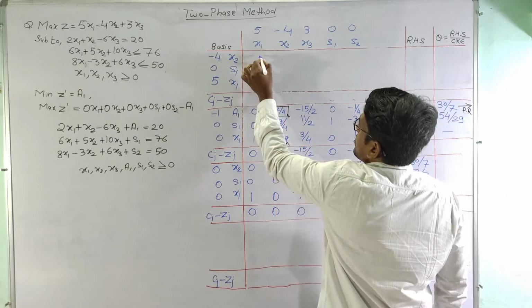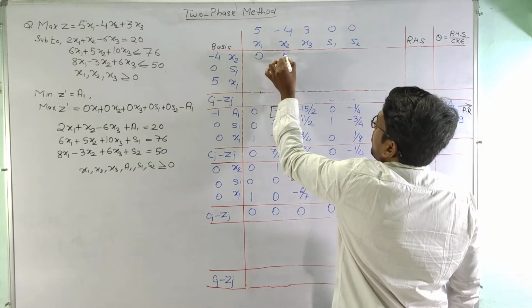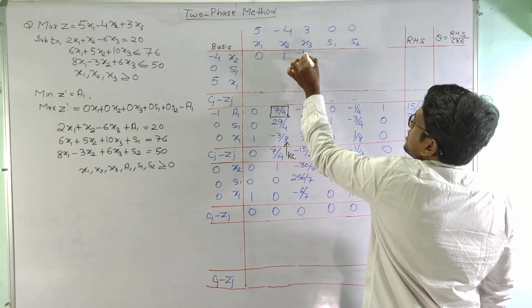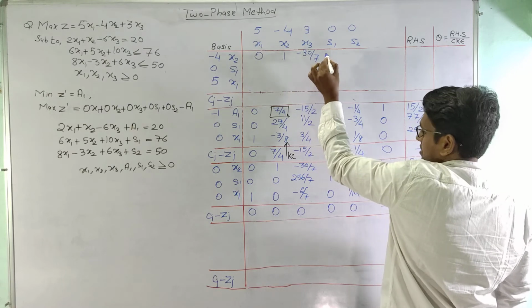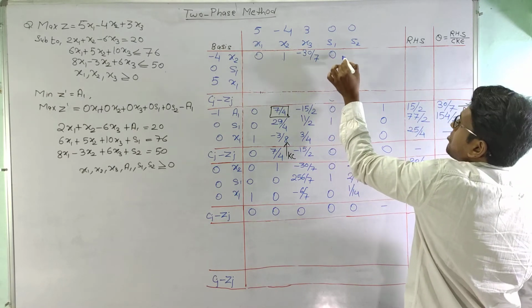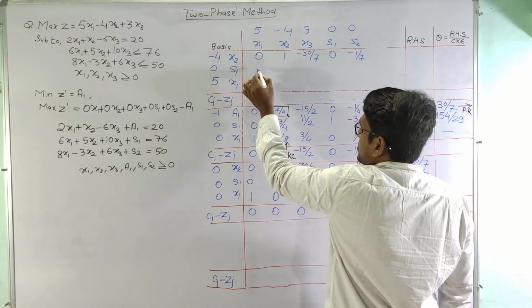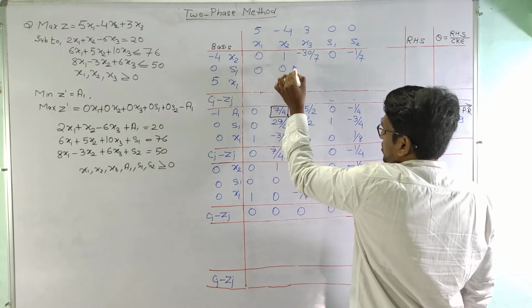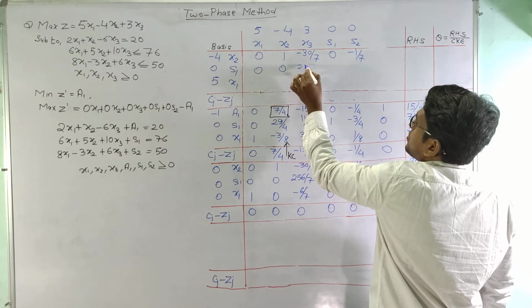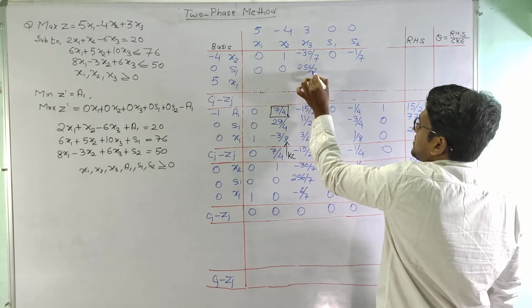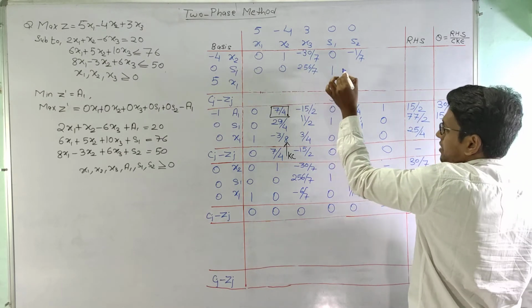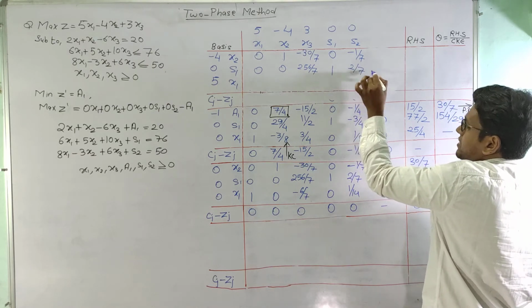So this will be 0, 1, minus 30 by 7, 0, minus 1 by 7, and similarly 0, 0, 256 by 7, 1 and 2 by 7.